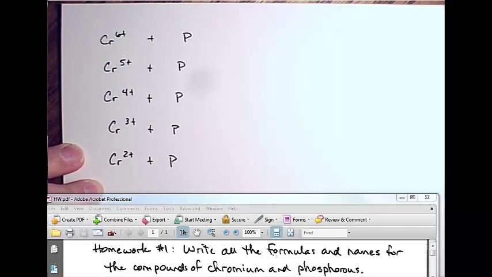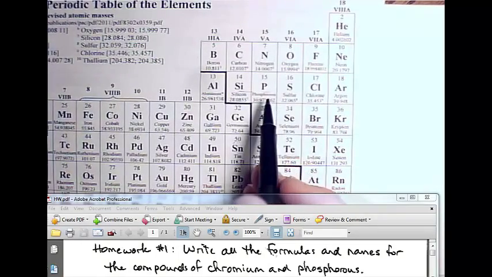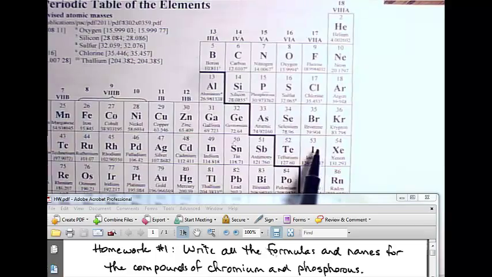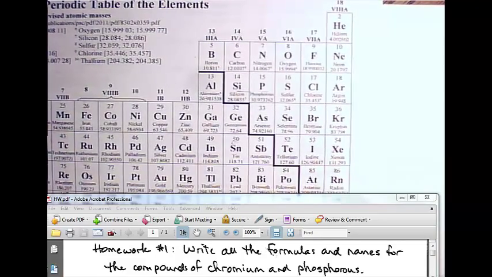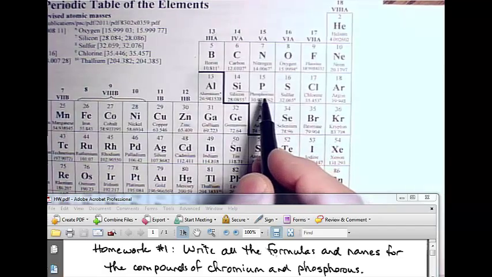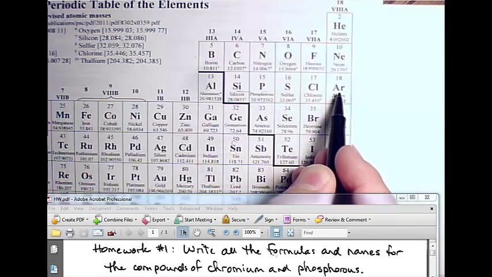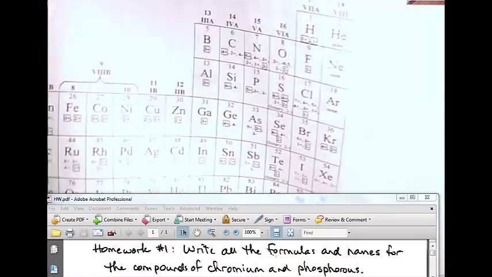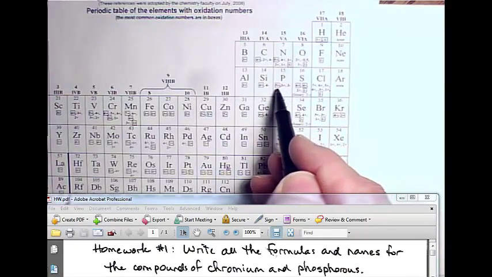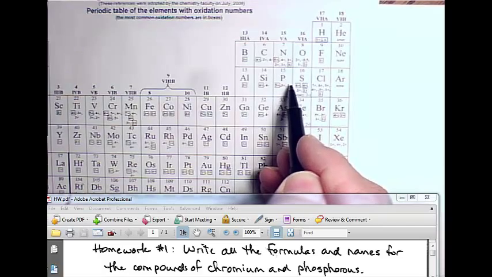And so phosphorus is located right here. This is a nonmetal, so it's going to tend to want to get extra electrons to have a full valence level. For that, it's going to need 1, 2, 3 electrons to fill its valence level, which would give it a 3 negative charge. Over here, you can see that phosphorus has 3 different oxidation numbers, and only one of them is negative.